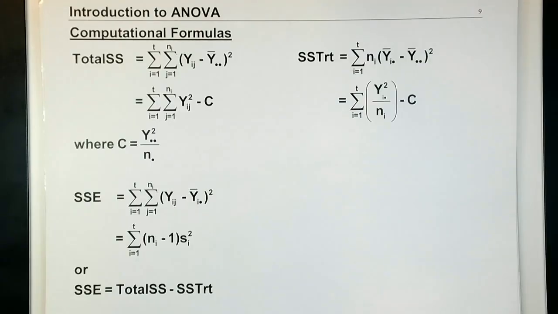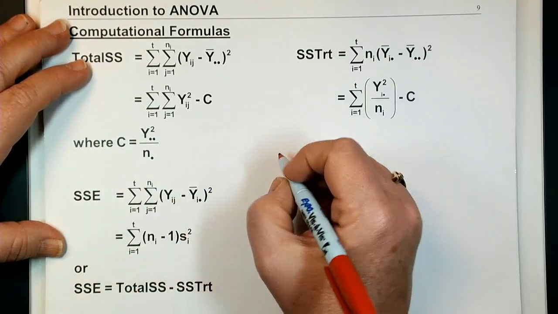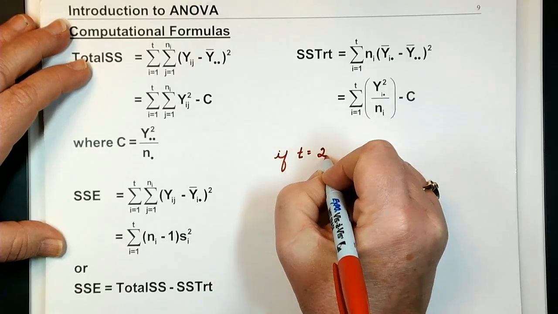We'll go through one of these, but I want to talk about this sum of squares error first. Just suppose our value of t was equal to 2.